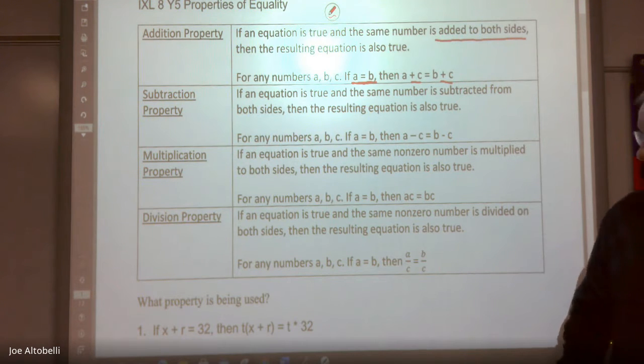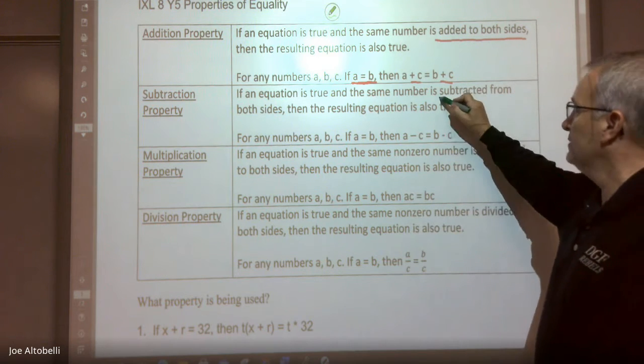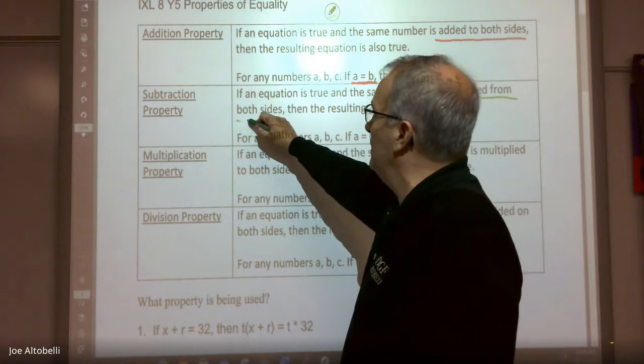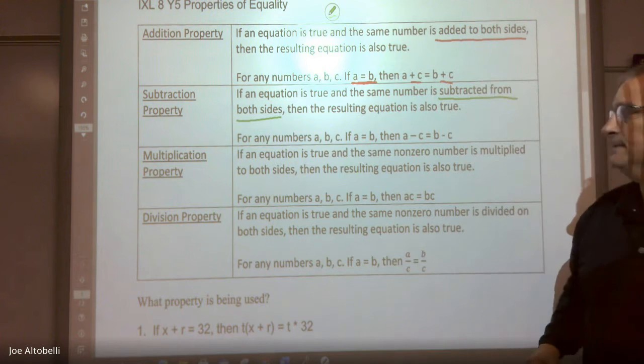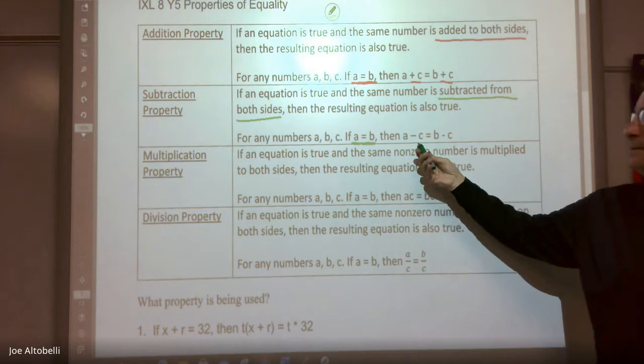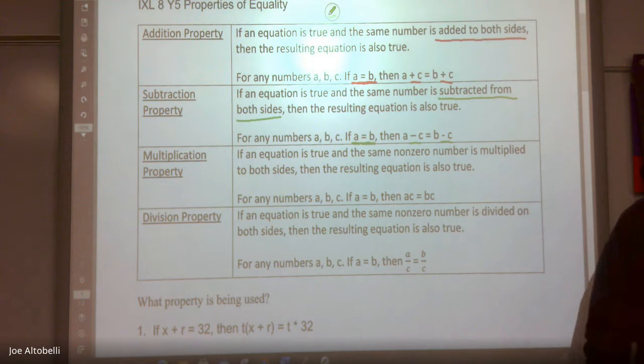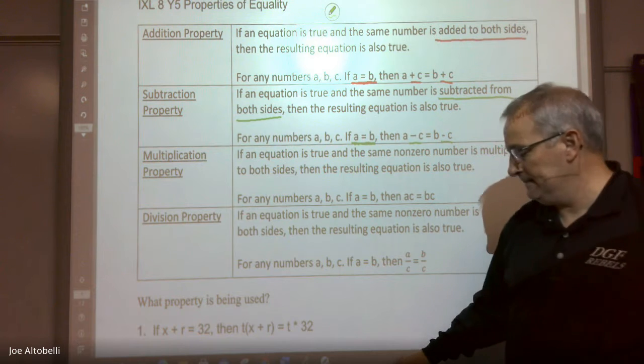Okay? Subtraction property. C is subtracted from both sides. So again, if we have A equals B, we're subtracting C on both sides. Subtraction property.